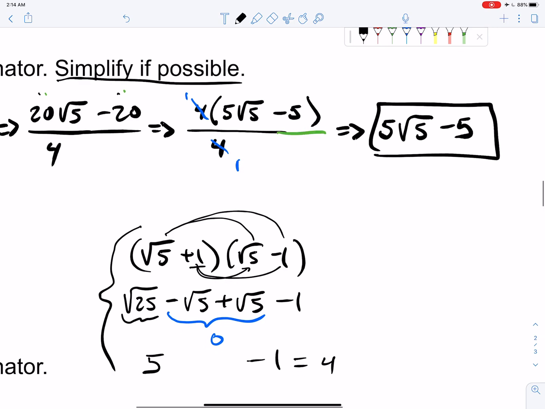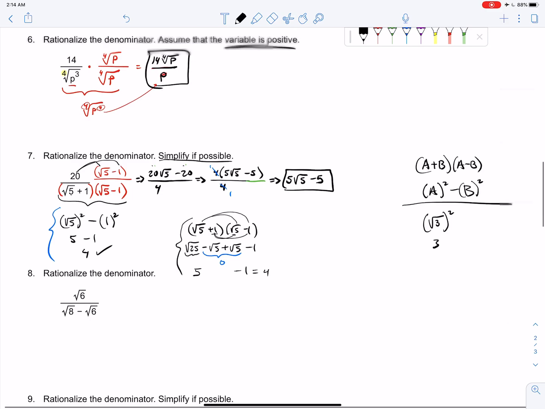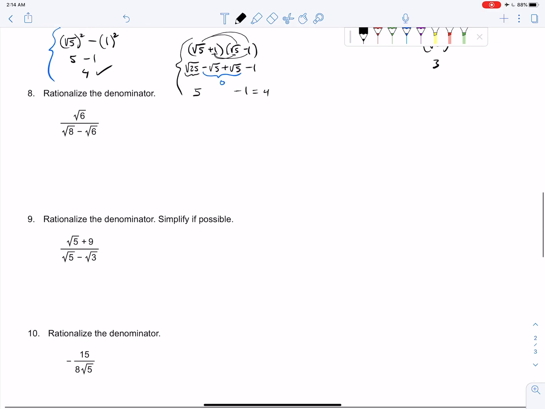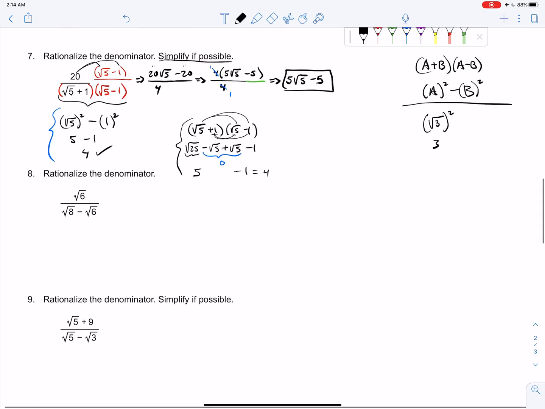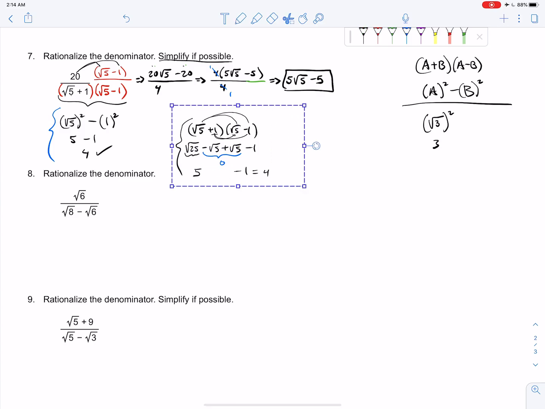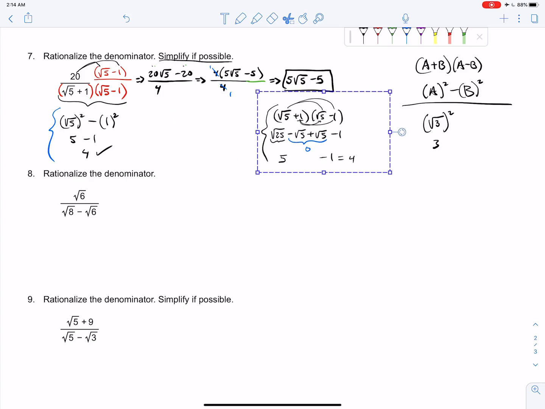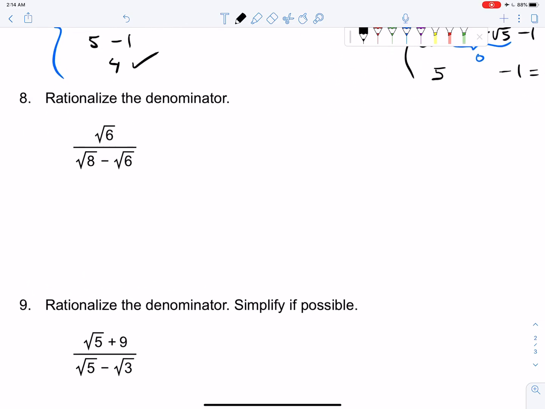Okay, let's zoom out because my handwriting looks better like that. Now let's go over here to number 8. And number 8, we've got the same thing going on again. We've got to rationalize the denominator, and we've got something kind of nasty here.